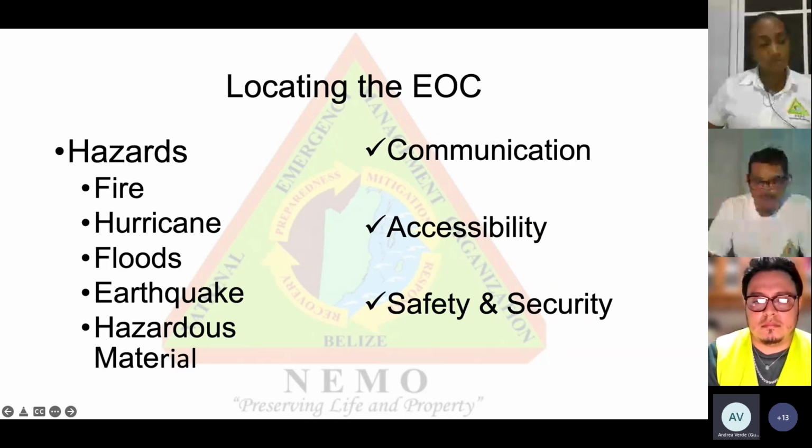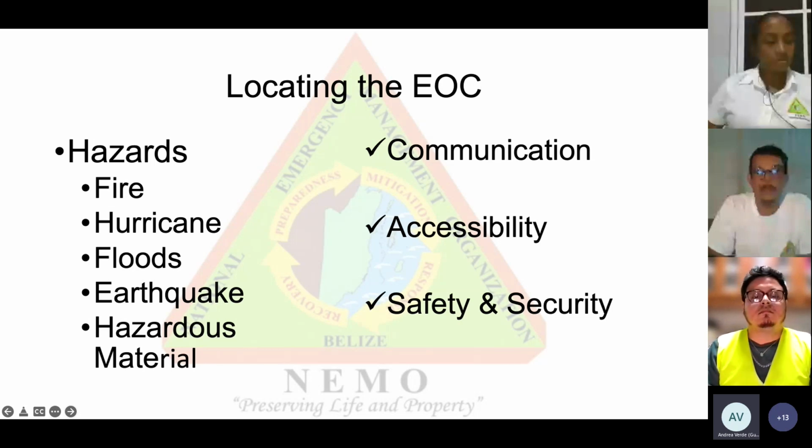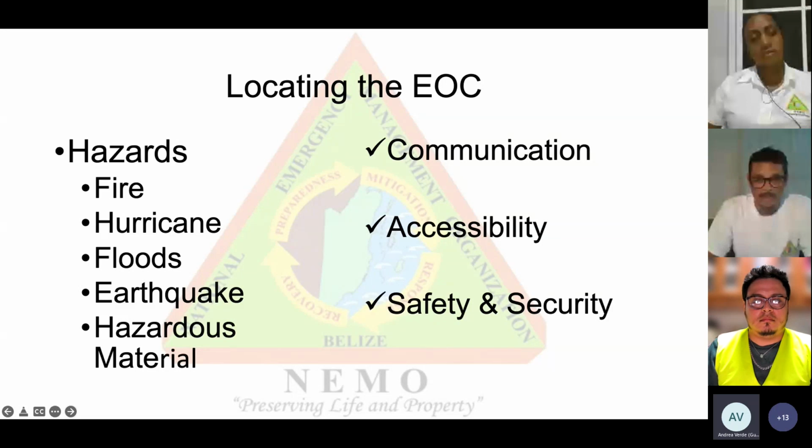So all these factors are considered when setting up an emergency operations center, a place where you have command and control to manage the crisis, manage the incident, with operational teams out in the field, such as CERT, search and rescue, damage assessment teams, and so forth.